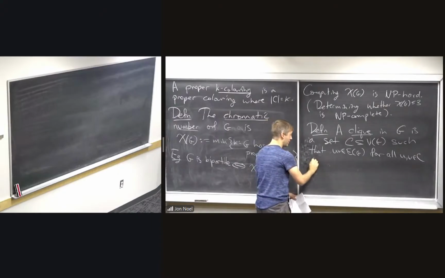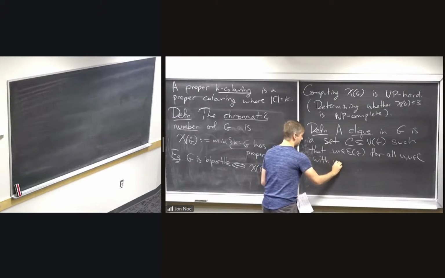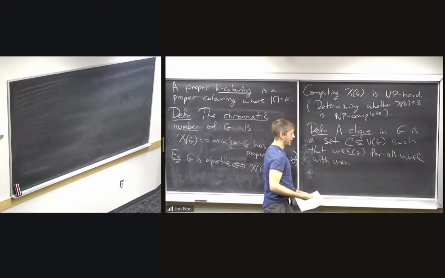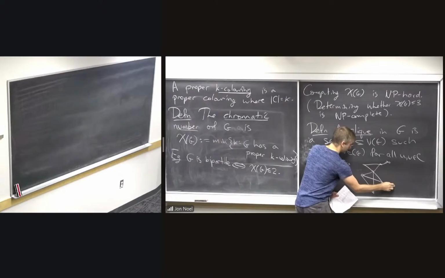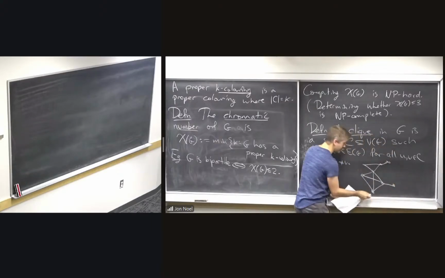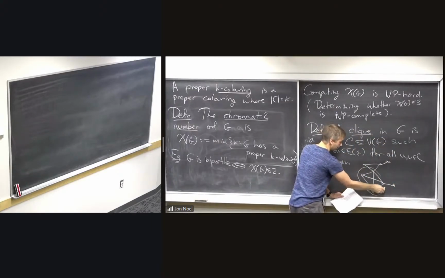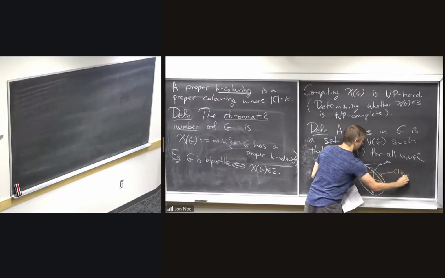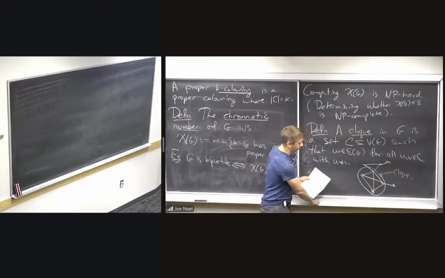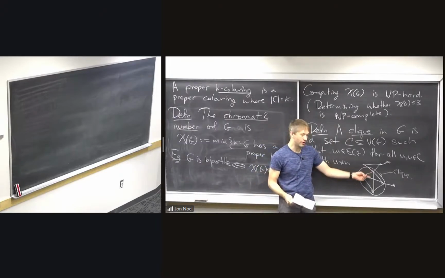So, okay, a clique. If I had a larger graph here, these 4 vertices would form a clique because pairwise, they're all adjacent to each other, right?